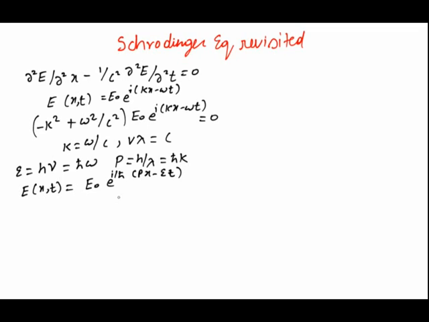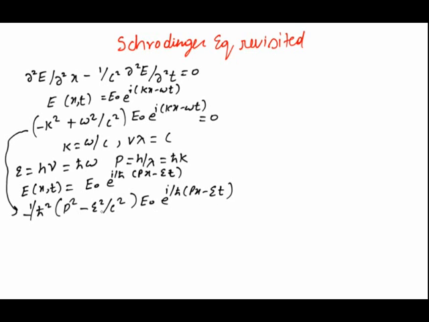Now, this particular equation, where we have substituted the energy term, can also be rewritten as 1 over h bar square (p square minus E square over c square) E naught e to the power i over h bar (px minus Et).